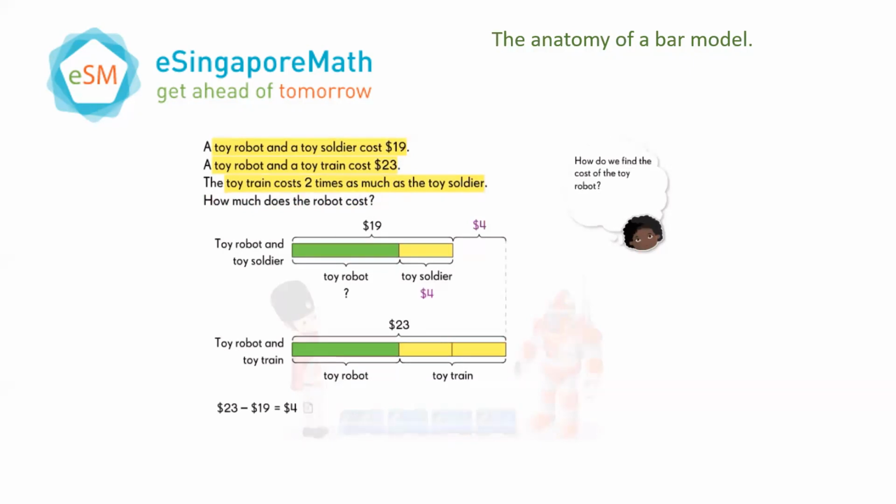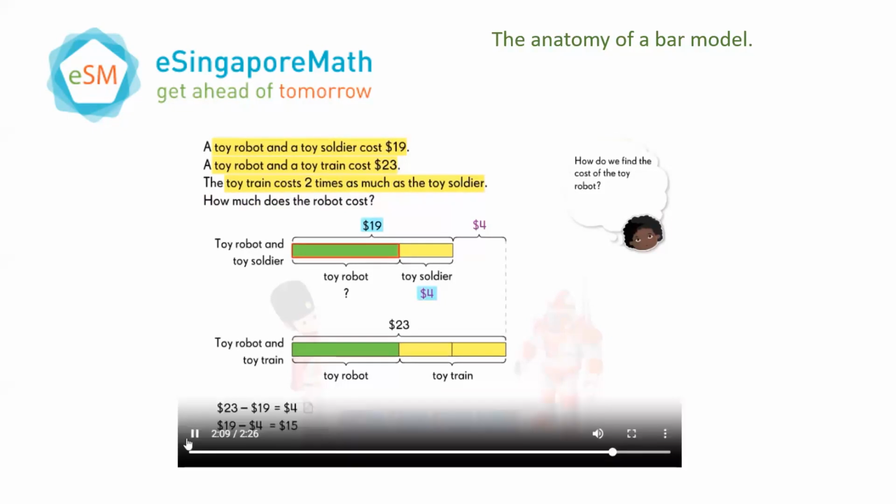This means that a toy soldier costs $4. To find the cost of the toy robot, we subtract this from this. We get $15.